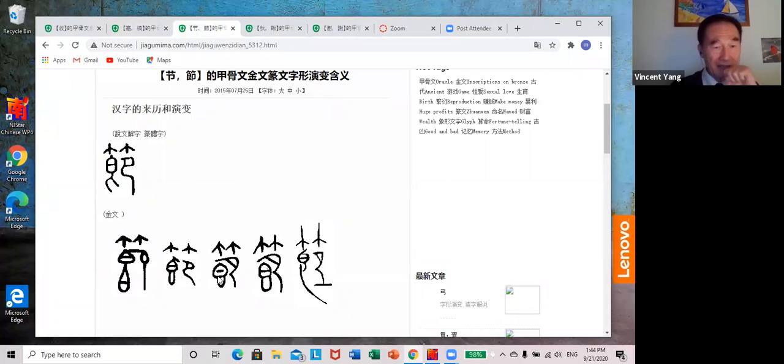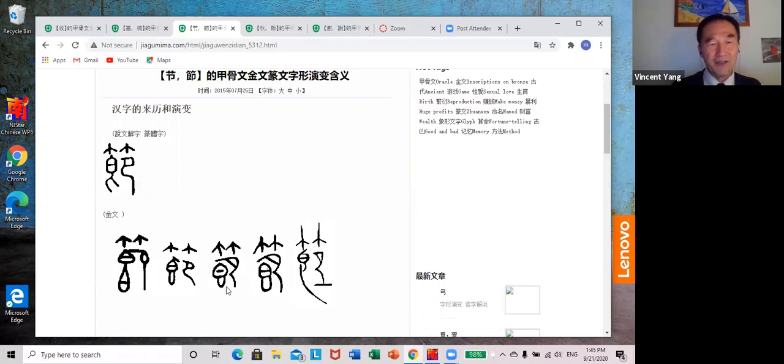You see 节, okay. This one is a person bending toward this cooking pot. Okay, you have a handle on the top. And then the same thing, a person bending over the cooking pot now, and the handle is gone.